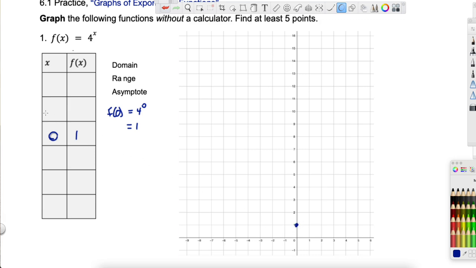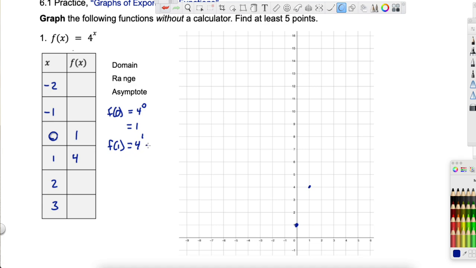From this, we should try several points on either side of the anchor point. So let's try 1 in here. f of 1 would be 4 to the first power, which is 4. So 1, 4.